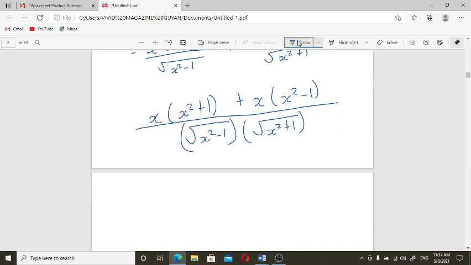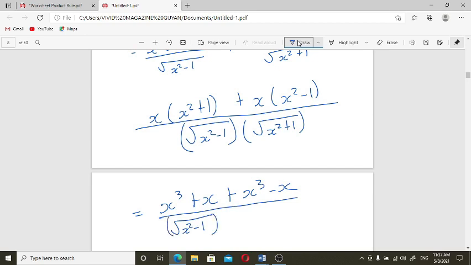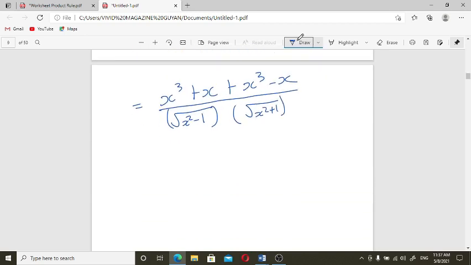So this is going to give me x cubed plus x cubed minus x, all being divided by the root of x squared minus 1 and the root of x squared plus 1. Now, most mathematicians that I know normally would stop at this line, but I'll show you why you shouldn't right after this.